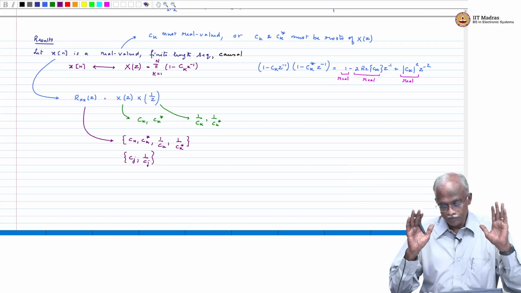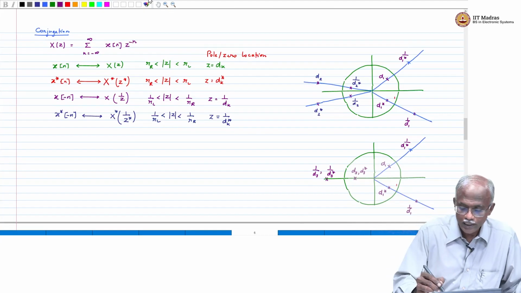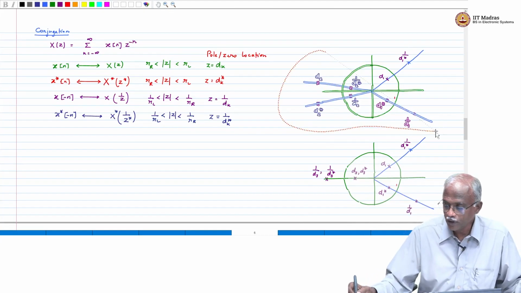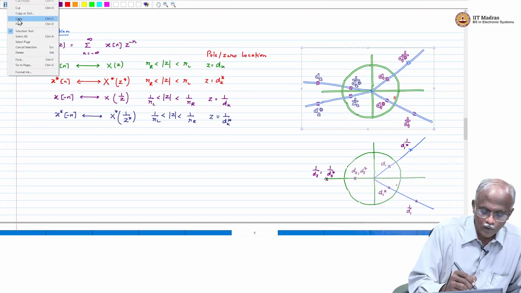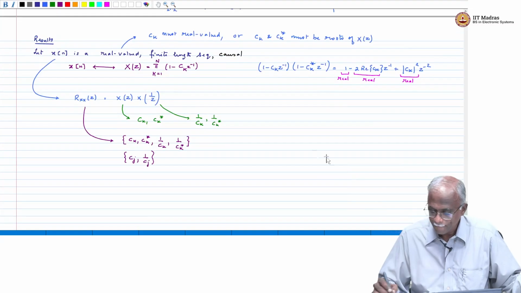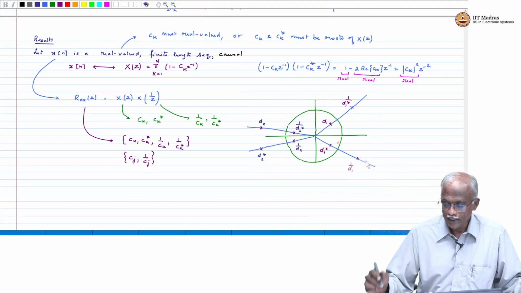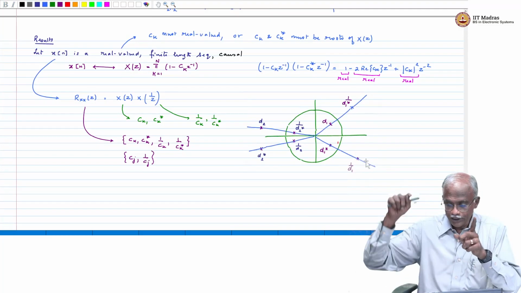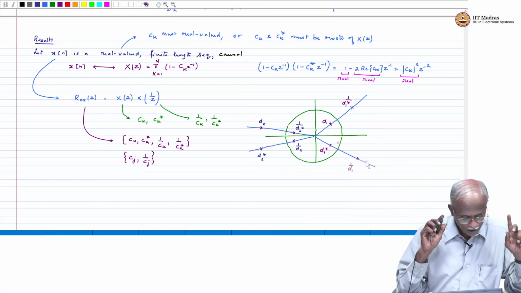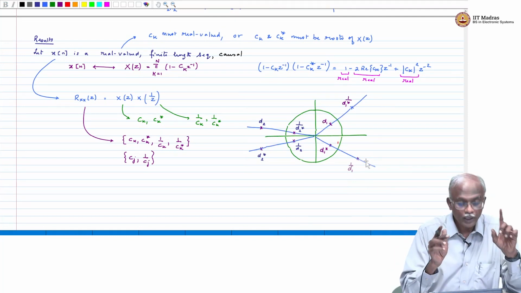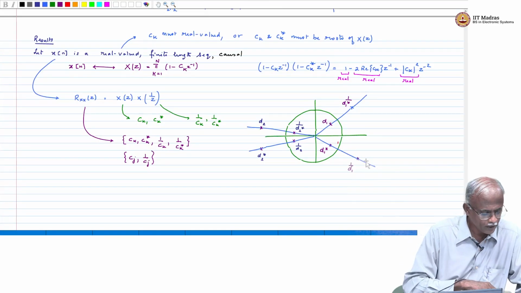Okay, this is very, very important, because what we are saying is the autocorrelation sequence, if you were to look at the location of the poles or zeros, will look like this. You will get all the 4 combinations, right? You will get d1, d1 conjugate, 1 over d1, 1 over d1 conjugate, or you will get the reciprocal locations. So this is a useful thing for you to keep in mind, because we are going to be leveraging this in our study today.